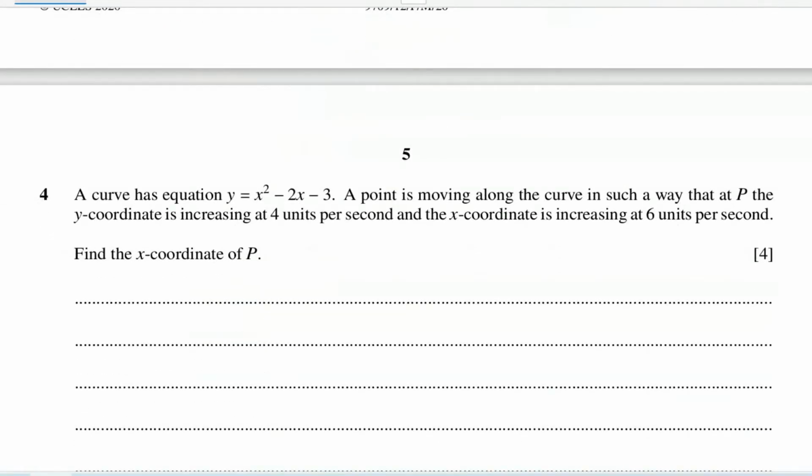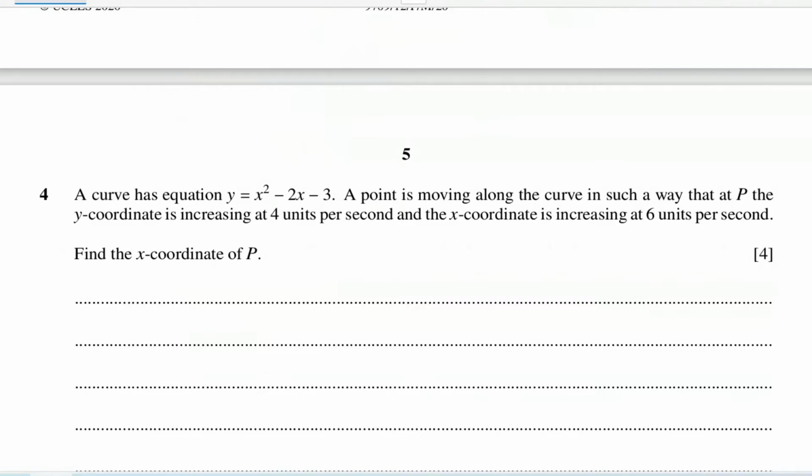The next question is, a curve has equation y is equal to x square minus 2x minus 3. A point is moving along the curve in such a way that at P, the y coordinate is increasing at 4 units per second and the x coordinate is increasing at 6 units per second. Find the x coordinate of P. So y is given, and a point is moving along the curve in such a way that at P the y coordinate is increasing at 4 units.